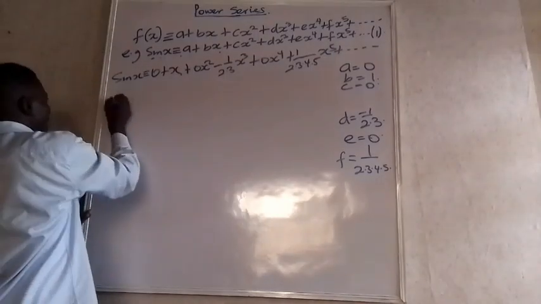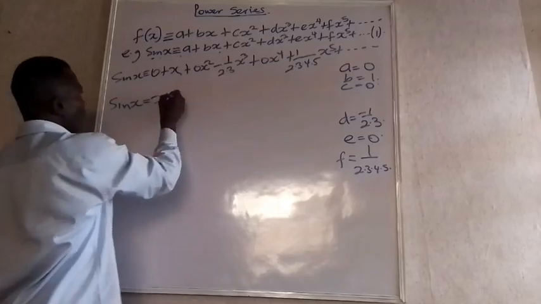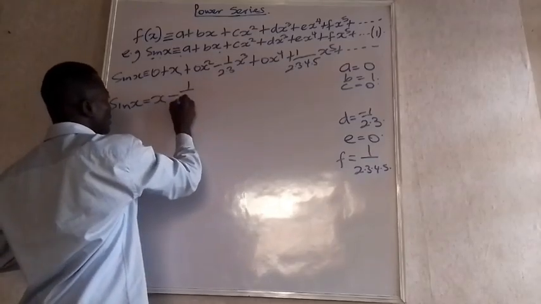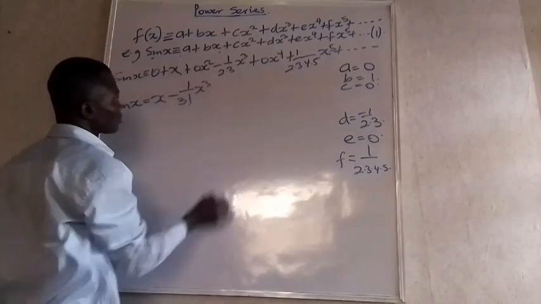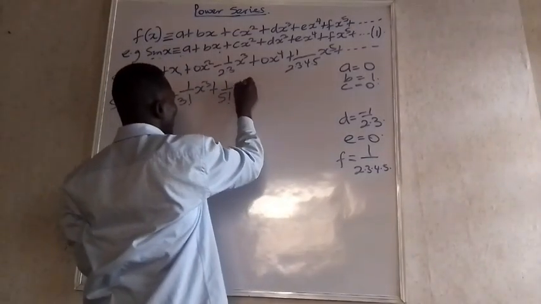So let's write it out well: sin x can be written as x minus 1 over 3 factorial x cubed plus 1 over 5 factorial x raised to the power 5.